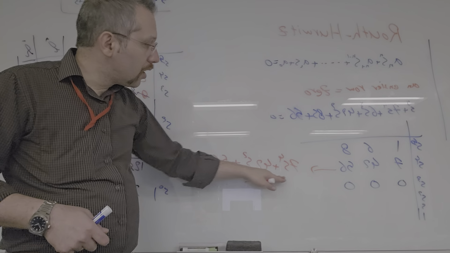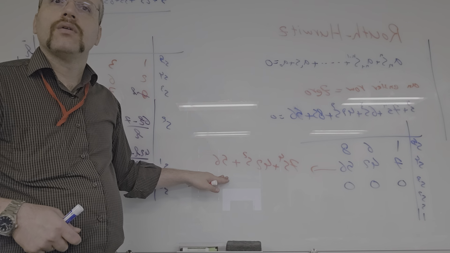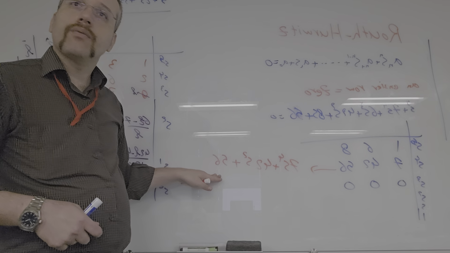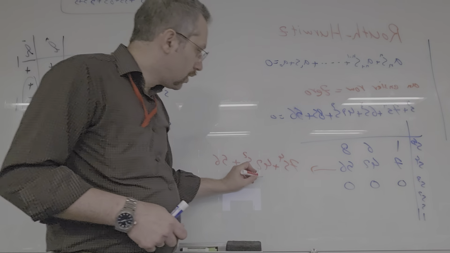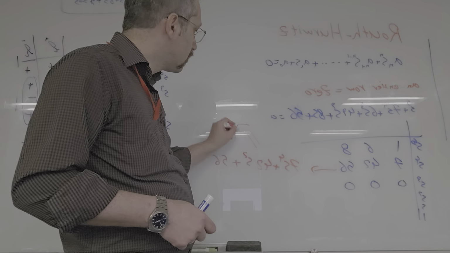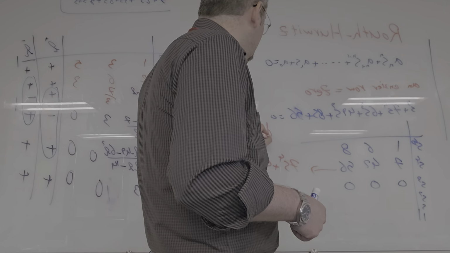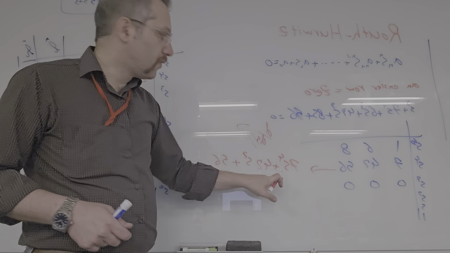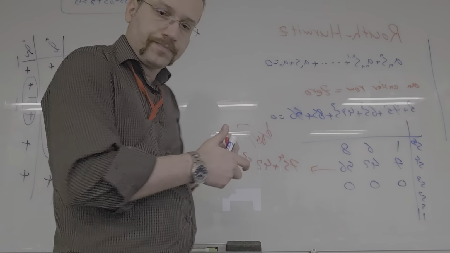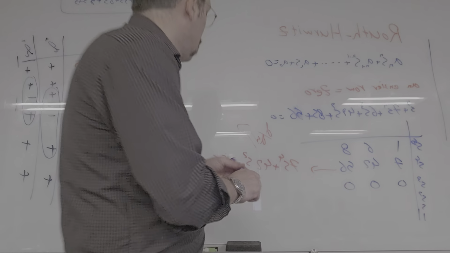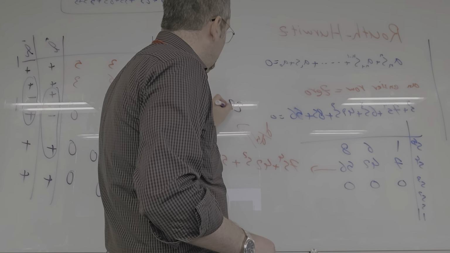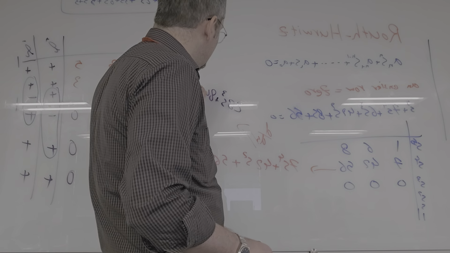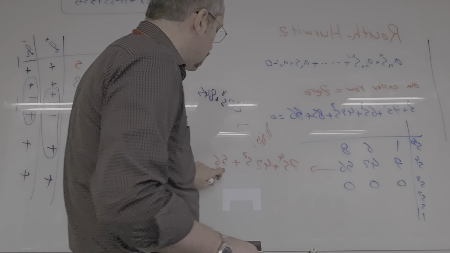Now, we are going to take a differential from this one. If you do the differential d over ds, this one becomes 28S^3 + 84S, and this one is 0.